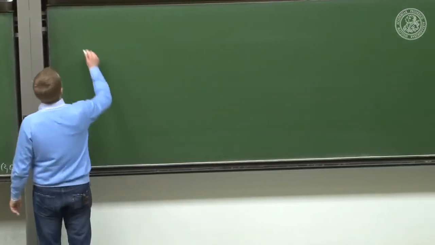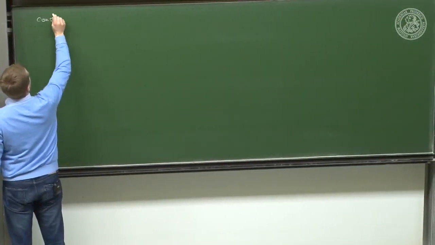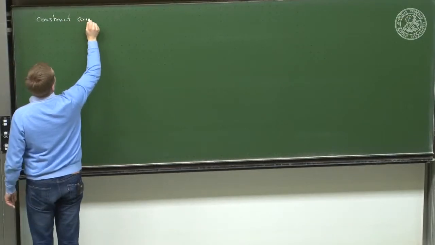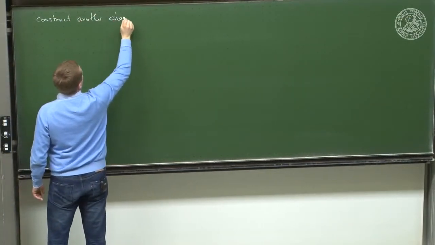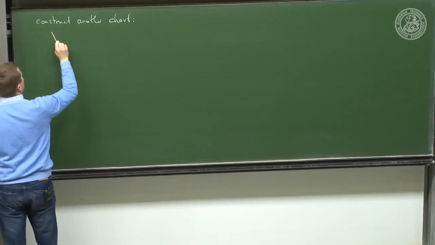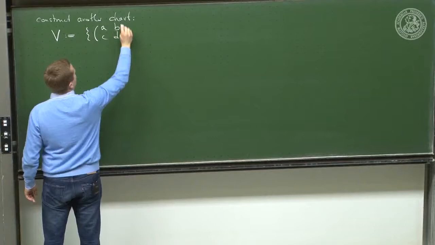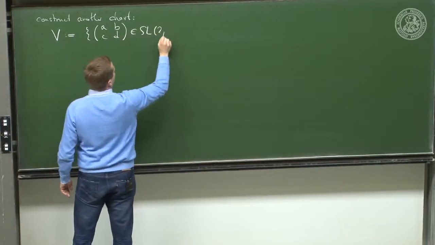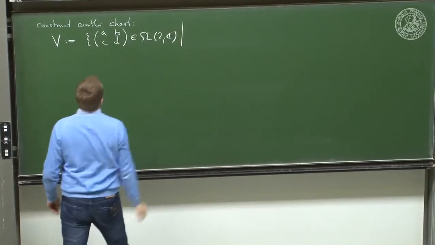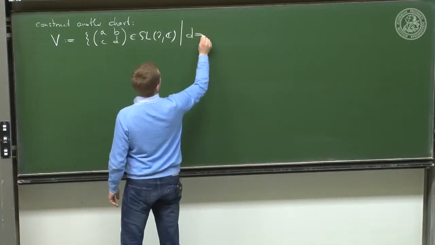Okay, so construct another chart. So let's call that chart V, and that is A, B, C, D in SL2 C. And now I let the D be non-zero.